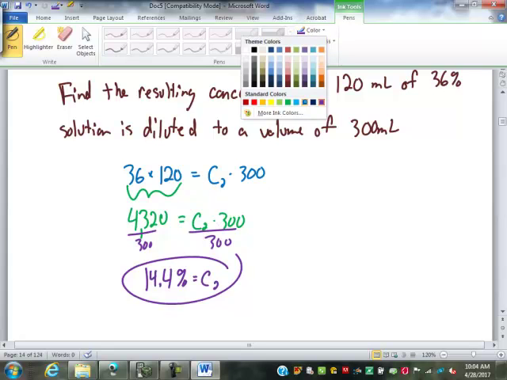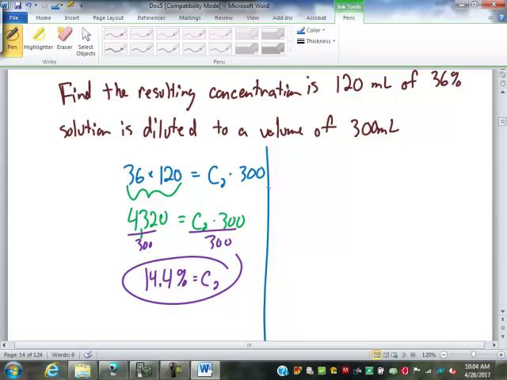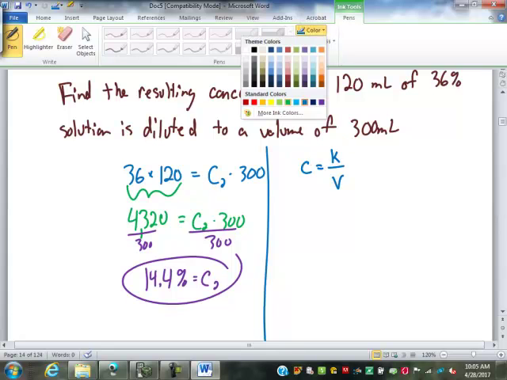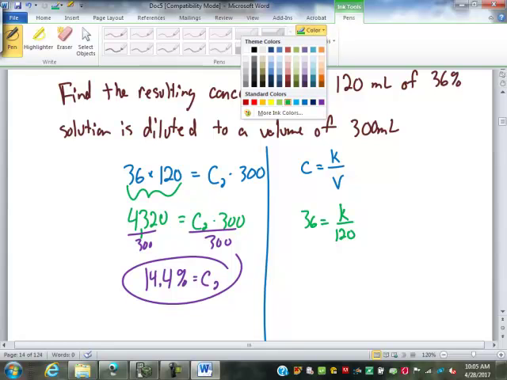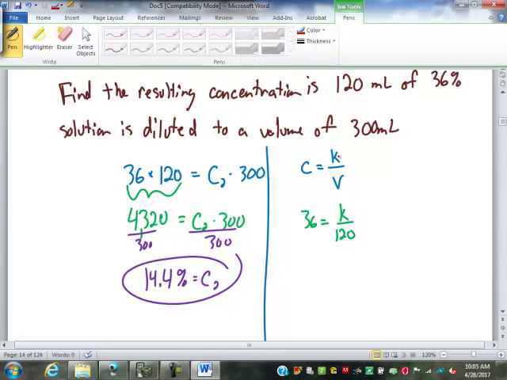We could have solved this with that inverse relationship. Find the resulting, well, we know that the concentration is inversely related to the volume. So C is equal to K divided by V. The concentration is 36 when the volume is 120. We multiply by 120 to get K by itself. 36 times 120 is 4320, equals our constant.